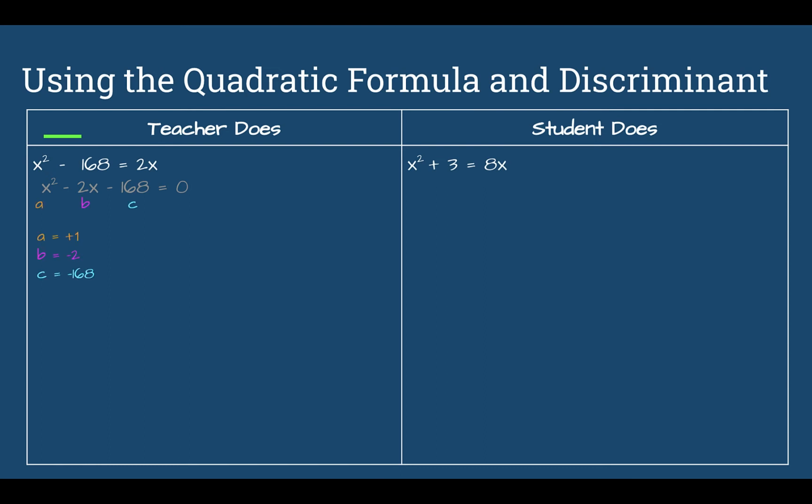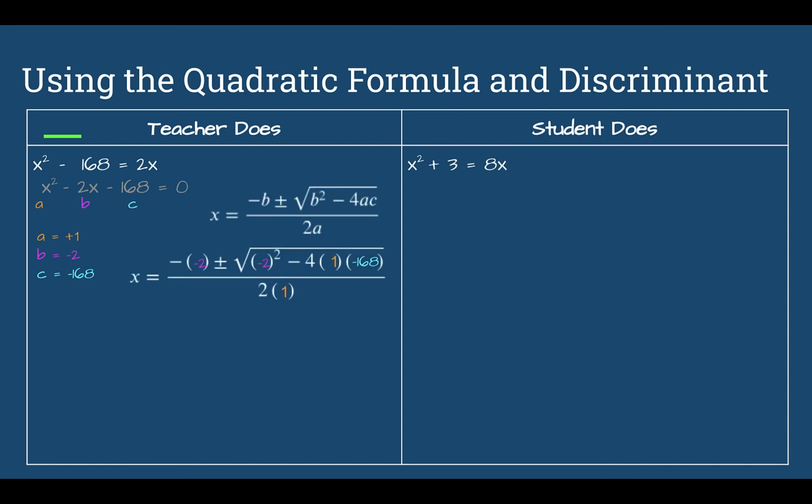Let's identify A, B, and C. So A is equal to positive 1, B negative 2, and C negative 168. Using our quadratic formula, we can plug in our numbers. So negative 2 plus or minus the square root of negative 2 to the second power minus 4 times 1 times negative 168 all over 2 times 1.